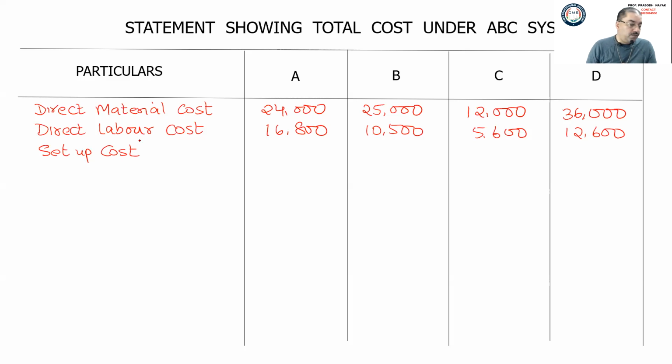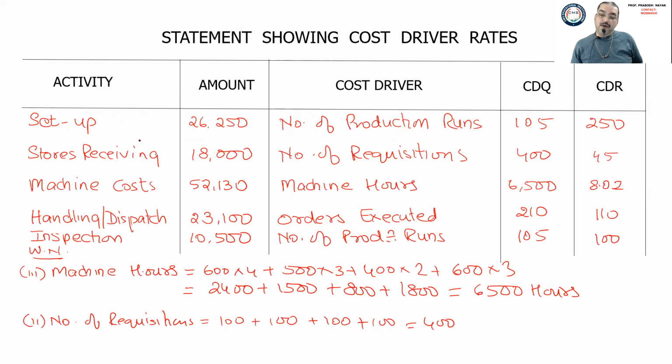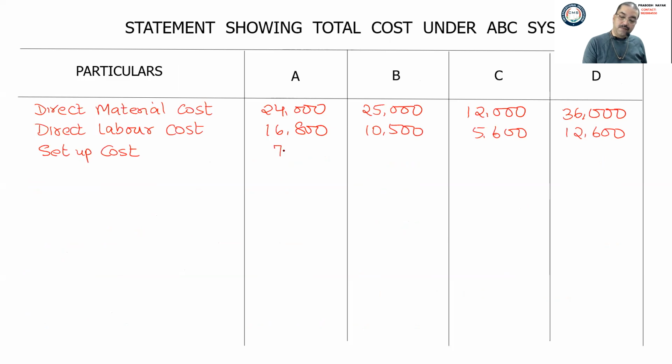Setup cost. Go to the cost drivers. Cost driver rate is 250. For product A, it is on the basis of production runs. 250 into 30 is 7,500.